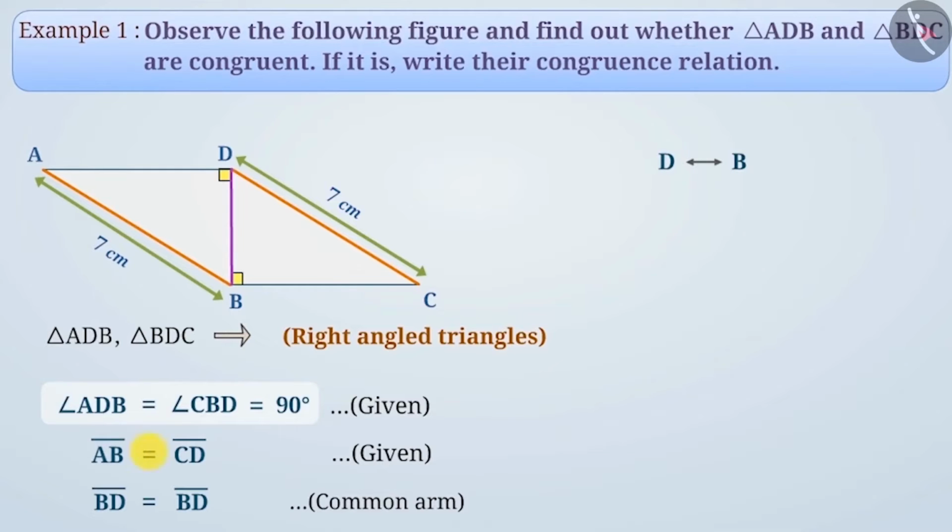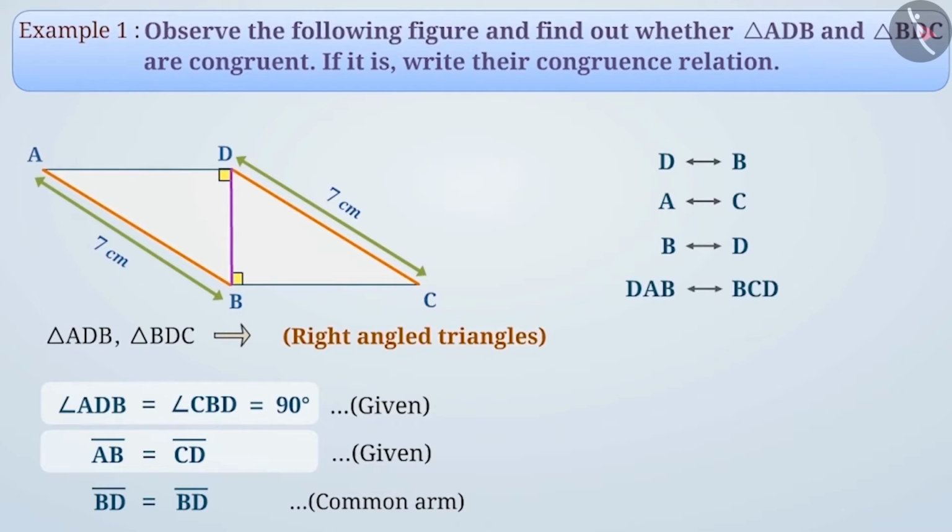Here, AB is equal to CD. And at first, we concluded that vertex D corresponds to B. Hence, we can say that the vertex A corresponds to the vertex C. Similarly, we can represent that vertex B corresponds to vertex D. In short, we can say that DAB corresponds to BCD.